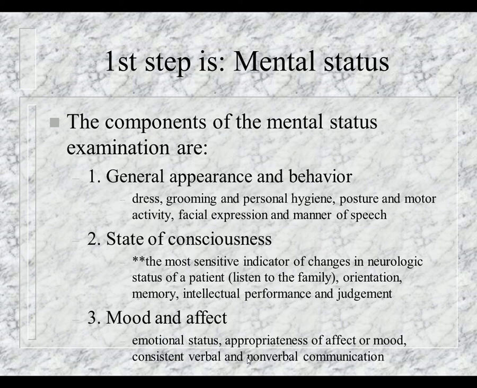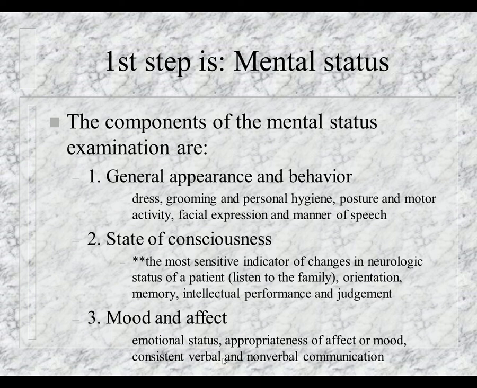Step 1 was mental status, and you'll remember we come in and we looked at someone's general appearance and behavior. We looked at their state of consciousness. Are they alert and oriented ×4? It says the most sensitive indicator of changes in neurological status of a patient is their state of consciousness. Listen to the family. If they say Uncle Joe's not acting right, this isn't his norm, something's not right.